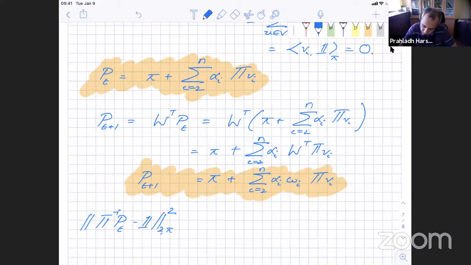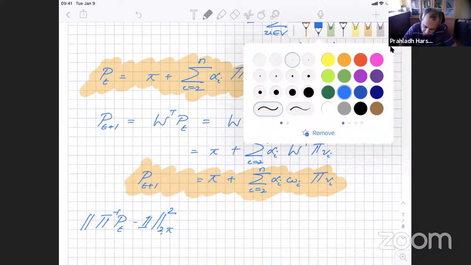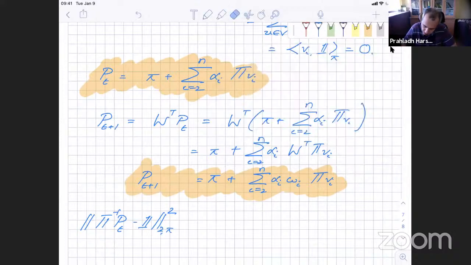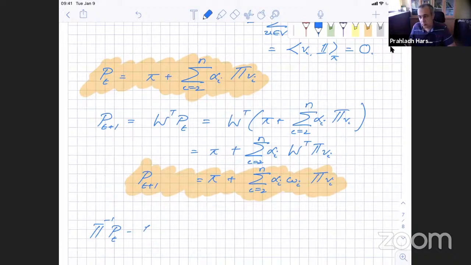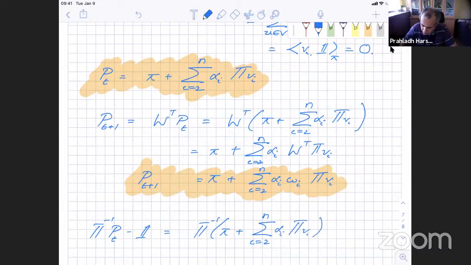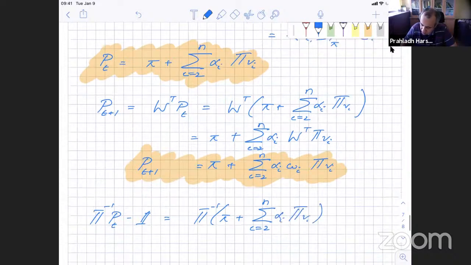Actually, let me, even before that, we wanted to understand the two norm of this quantity. Therefore, let's write down the quantity we care for, pi inverse p t minus the all ones vector. This is pi inverse times pi plus summation i equals 2 to n alpha i pi vi, minus the all ones vector.